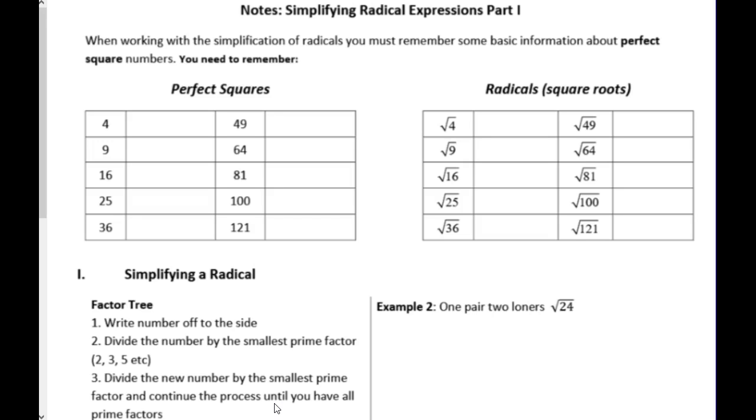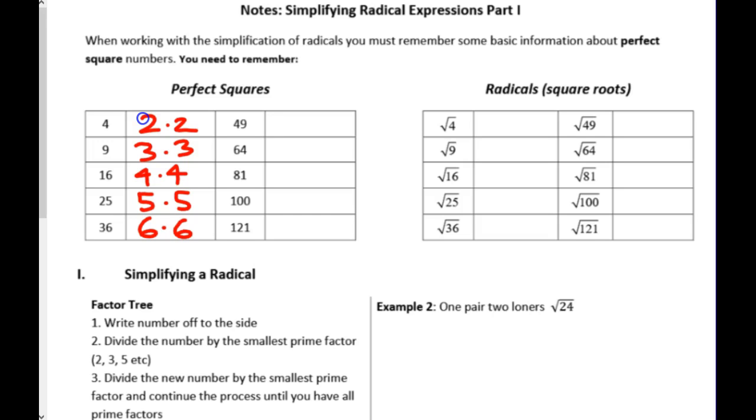So 4 is the square of what 2 numbers? 2 times 2, right? And then 9, 3 times 3, hopefully you know 16 off the top of your head, and probably 25 off the top of your head, right? And then 36 is 6 times 6.